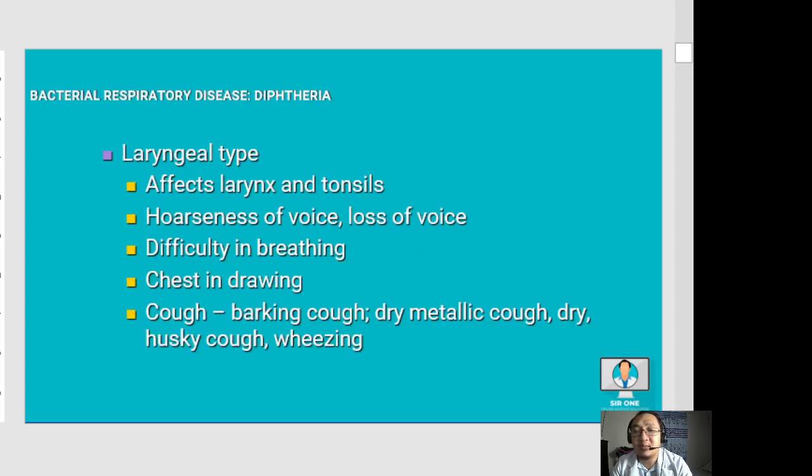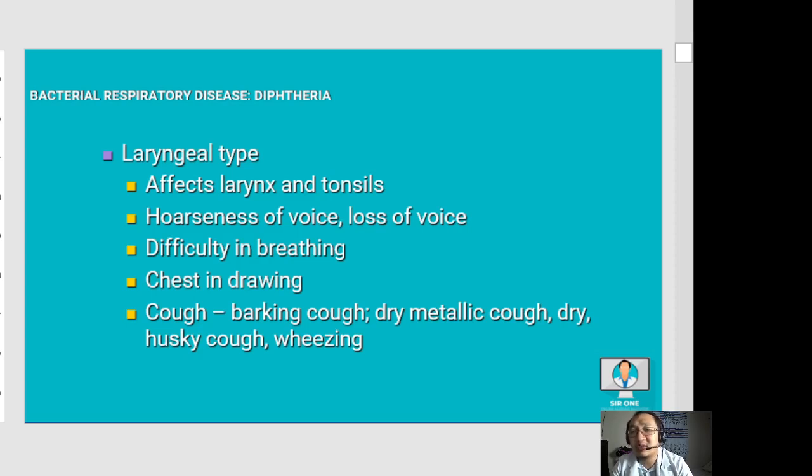And the other one is the laryngeal type, which affects the larynx and also part of the tonsils. There is hoarseness of voice, since the voice box is involved, and loss of voice for more intense cases.